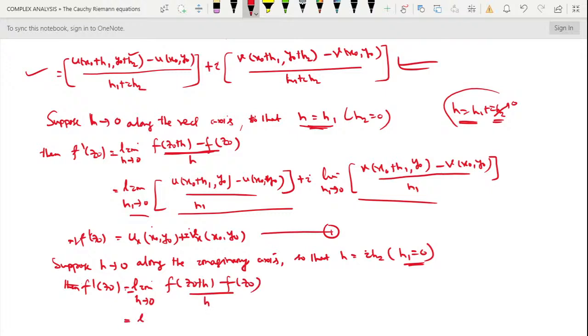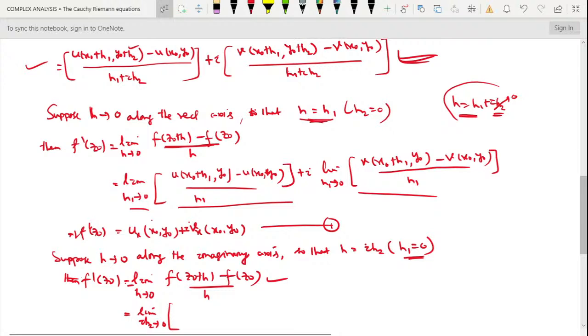So this can be written as the limit as i h2 tends to 0 of f of z0 plus h, and you just put the value of f here.